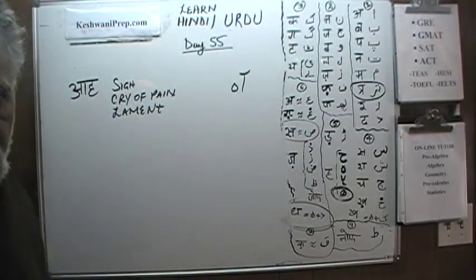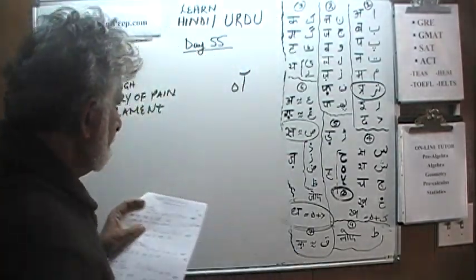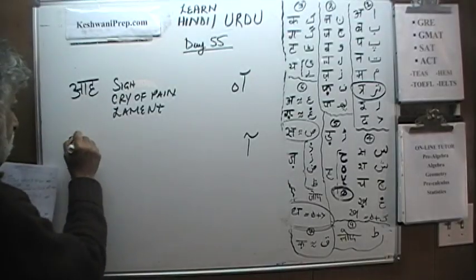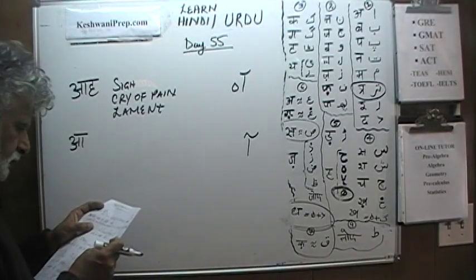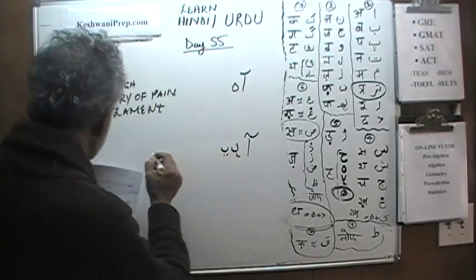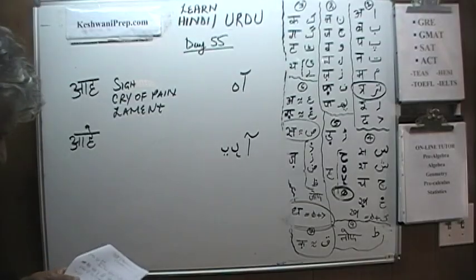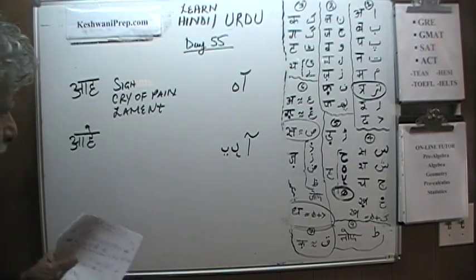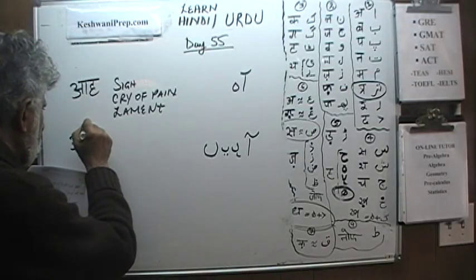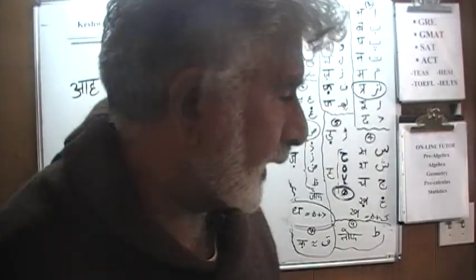Aah is singular. The plural of aah would be aahen. Ho and ye, he. And then nun gunna. Nun gunna is going to give us a dot here, because it's not aahe, it's aahen.